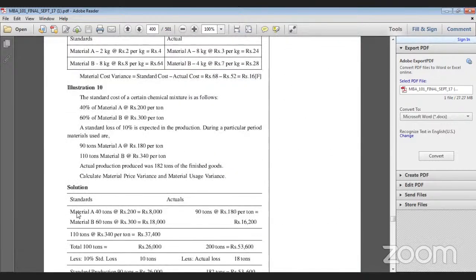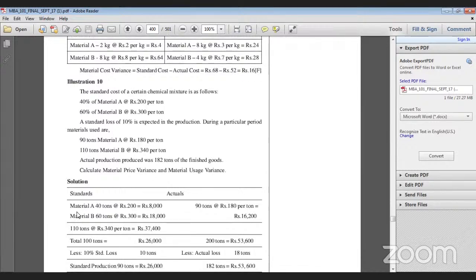After that, on standard cost and certain circumstances, they have given various examples and solutions also. You just go through it.